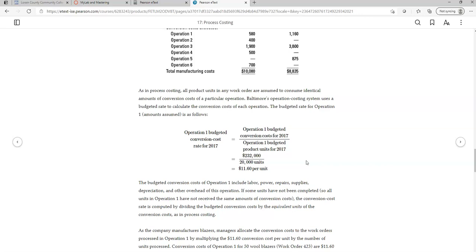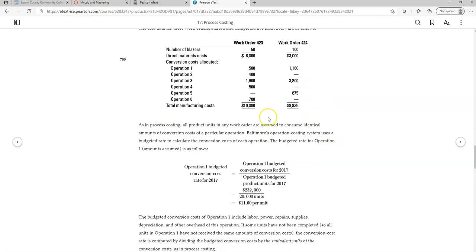We expect to have 20,000 units, 20,000 blazers, go through there. So spreading that $232,000 out over 20,000 blazers, that's $11.60 per unit allocated. And each department will have its own overhead for conversion costs, so each department will have its own conversion cost allocation rate.